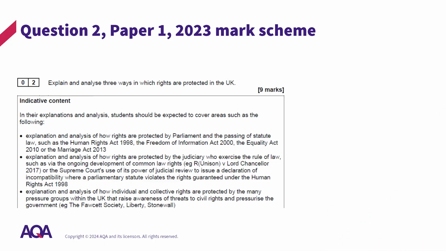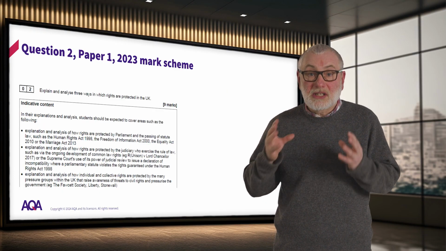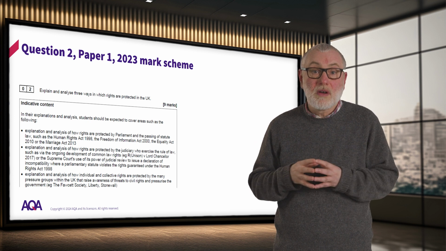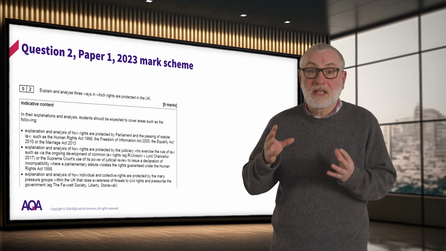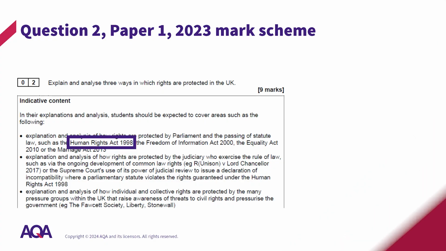Here you can see the mark scheme for the 2023 Paper 1 question regarding 3 ways rights are protected in the UK. The levels response grid and indicative content box are both parts of the same mark scheme. This helps examiners to look out for the sort of knowledge they should be expecting when assessing the question. These mark schemes are carefully designed so they are not exclusive. It is important to remember that although they reflect types of knowledge that examiners would expect, other appropriate responses are also credited.